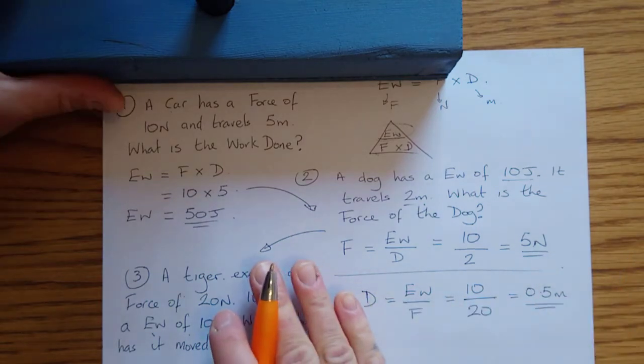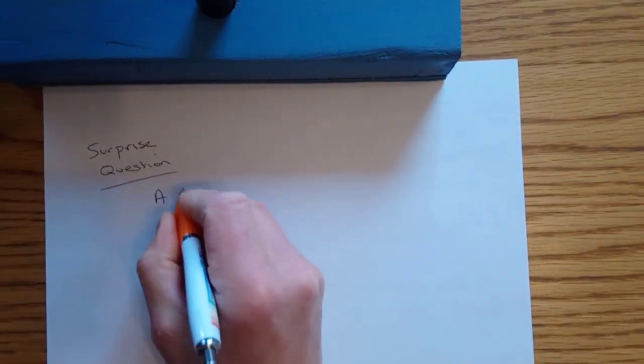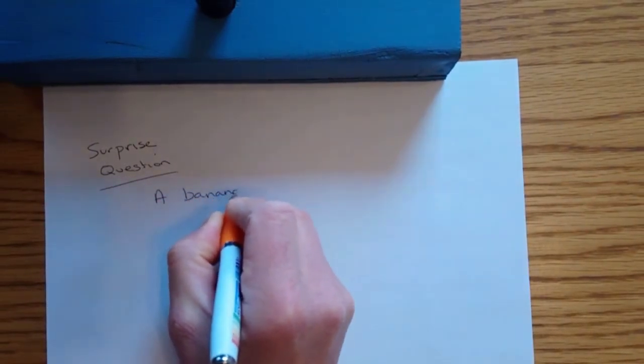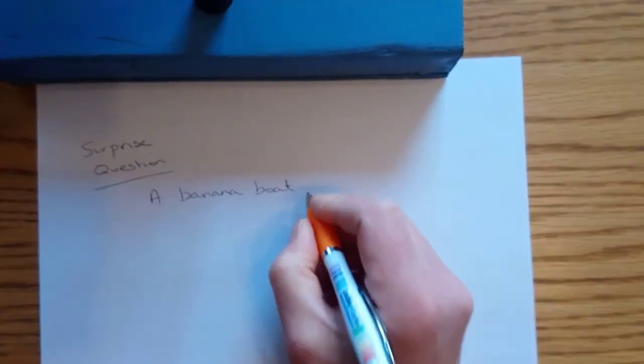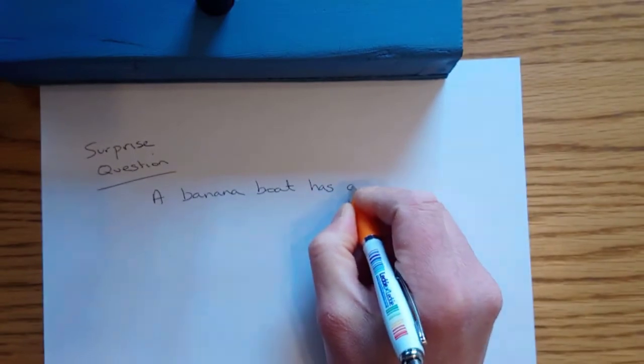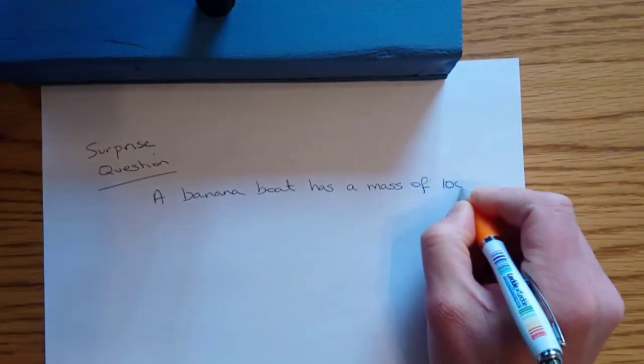You may also get a question, if I flip this over here, you may also get a surprise question. Right, what are we going to choose this time? Banana boat, one of those things that goes in the sea, has a mass of 100 kilograms.